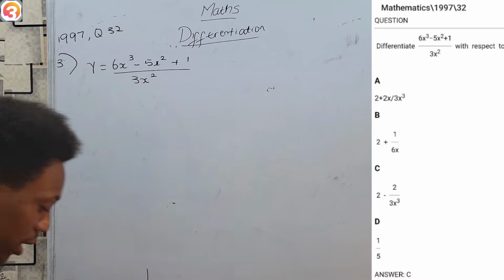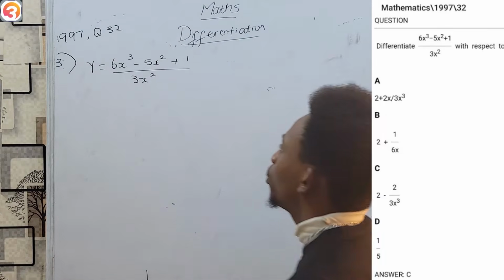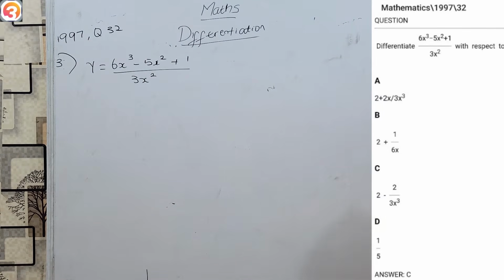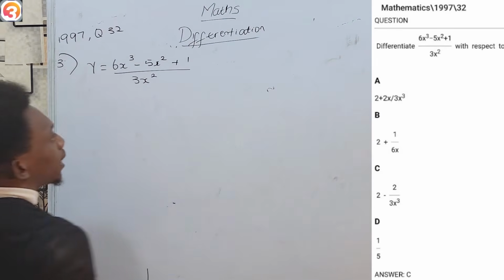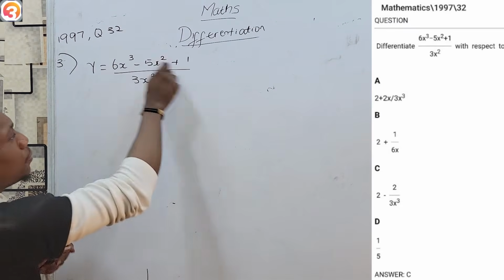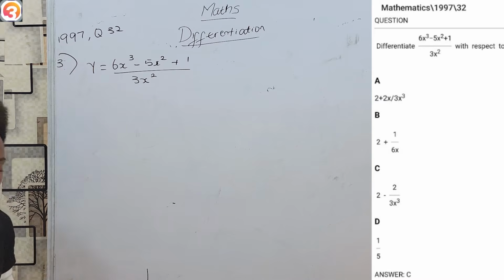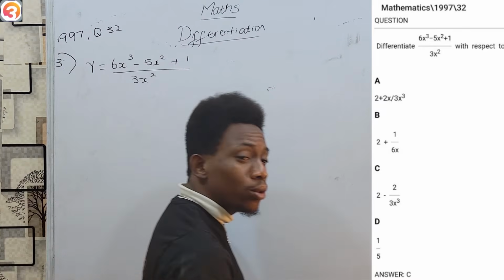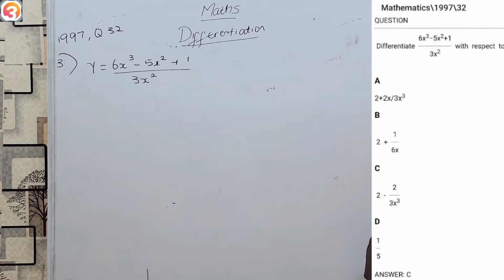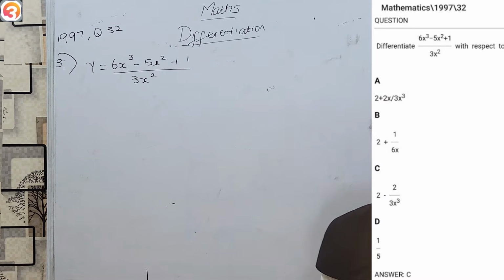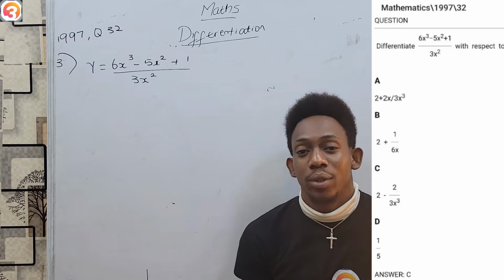To differentiate (6x³ − 5x² + 1) over 3x². A lot of us look at this and think, okay, they are dividing, so I should apply quotient rule. That would be correct, but please note, quotient rule, as you can see from the formula, is a little bit long and cumbersome. So if there's a way to avoid it, we like to avoid it.